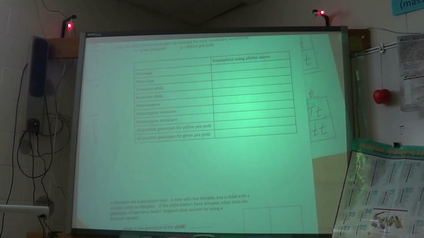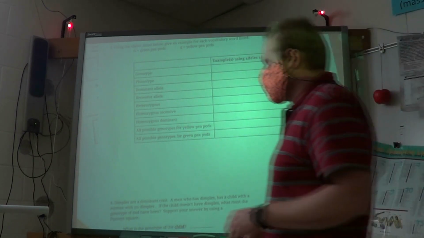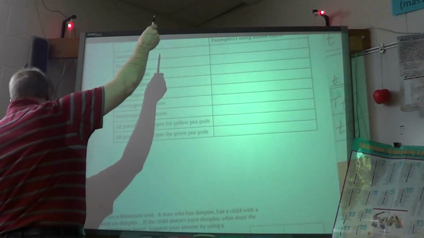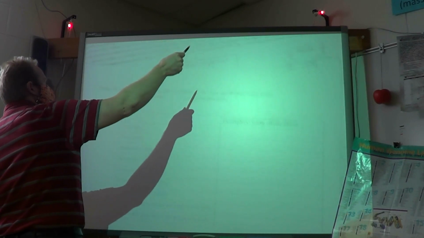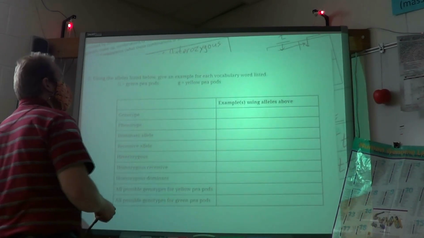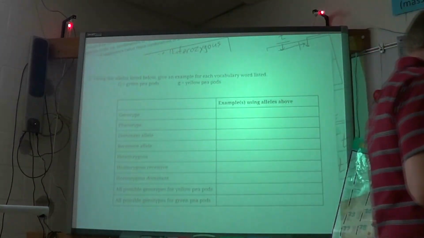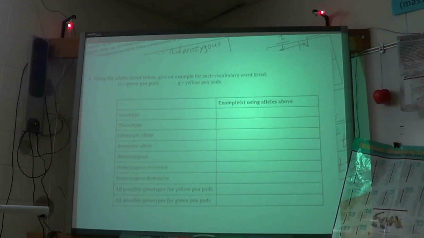So the instructions say, using the alleles listed below, give an example of each vocab word listed. So we're going to say that big G represents green pea pods, and little g represents yellow pea pods. Okay, big G is green pea pods, little g is yellow pea pods.